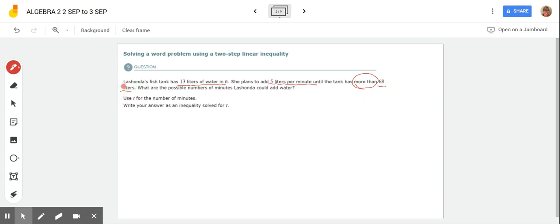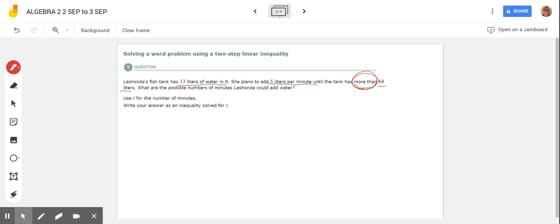Remember, I was telling you that more than could be plus something, but in this case, you can see that it's going to be an inequality, because something is more than a certain number, they're not saying like 3 more than x or something.